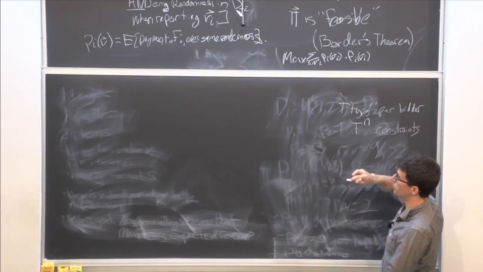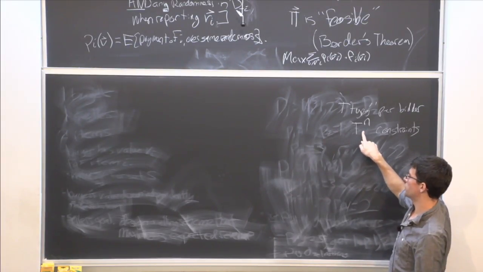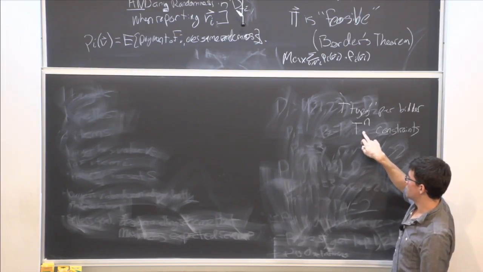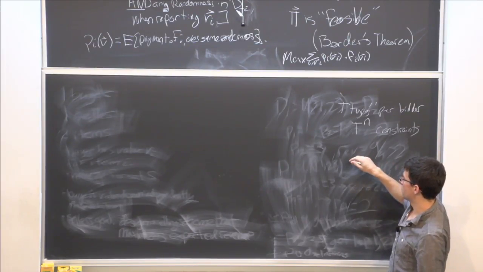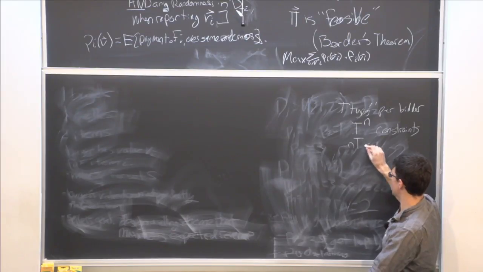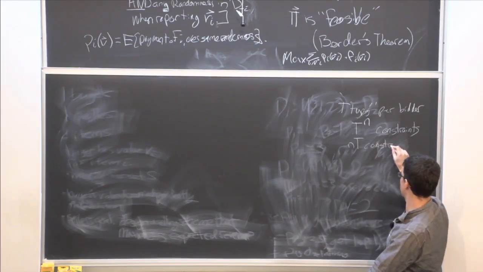One way that I got into this is that we do know there's actually a set of only nt constraints that suffice.